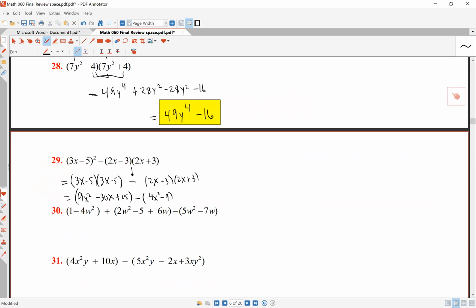The middle terms cancel out on those. So we have 9x squared minus 30x plus 25 minus 4x squared plus 9. Like terms, 9x squared minus 4x squared is 5x squared minus 30x plus 34.